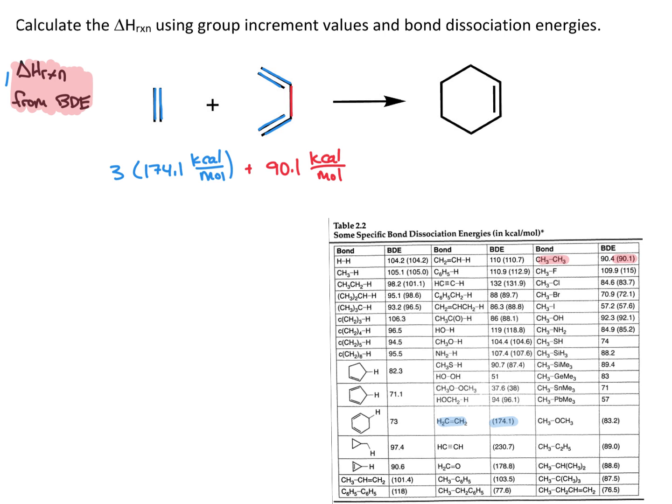Okay, so in our reactants, let's add these numbers up. We end up with 612.4. All right, so now let's do the same thing with the product. And we're just going to use the same values to keep it simple. We have 1 pi bond, so that's going to be 174.1.